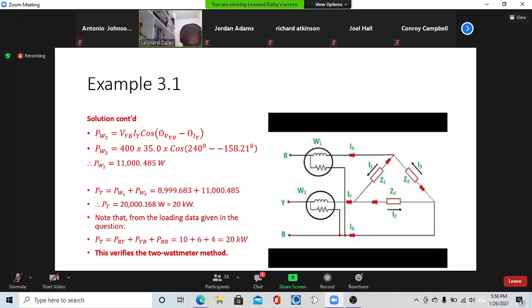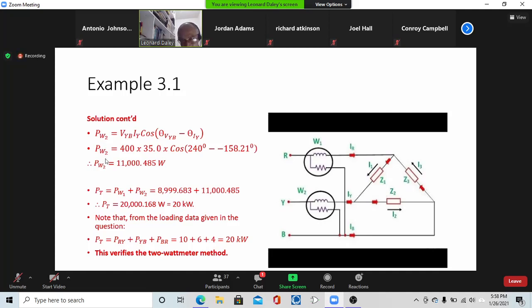And this is a verification of the phase value of the load in each phase, right? We know that this was 10, this was 6, and this was 4. If you add up all of them, you get the 20. So the 2 wattmeter method verifies what we know as the phase value of the load.